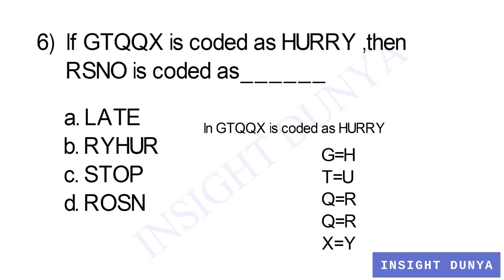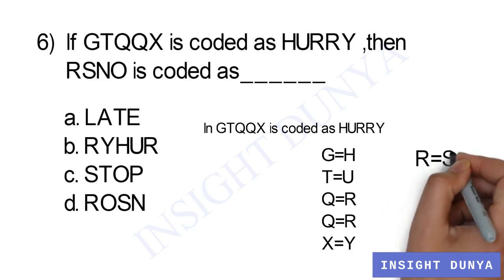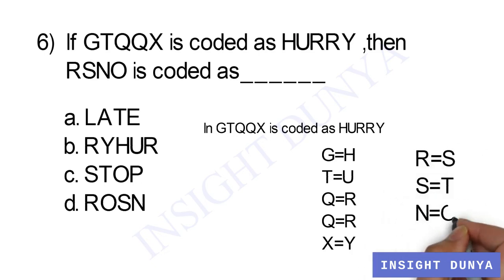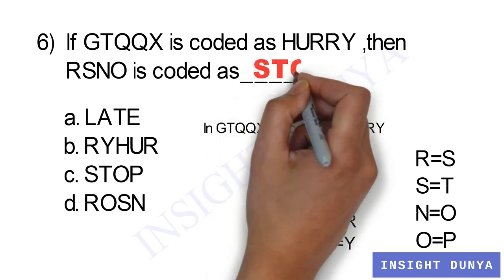So the next alphabet after R is S, the next alphabet after S is T, the next alphabet after N is O, and the next alphabet after O is P. Therefore, RSNO is coded as STOP.